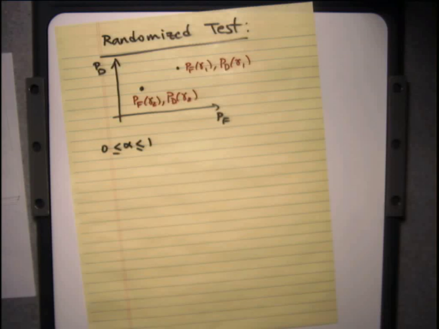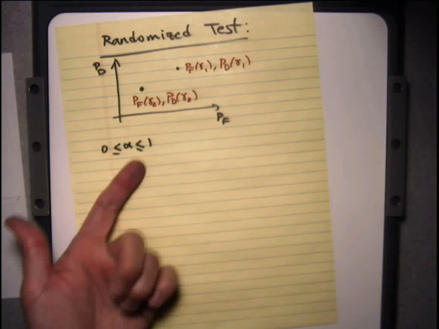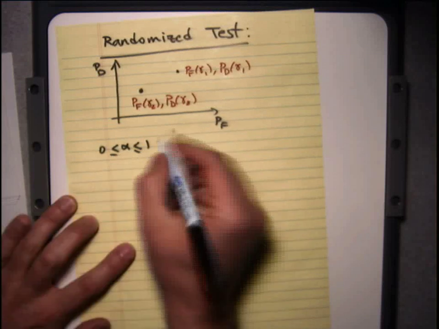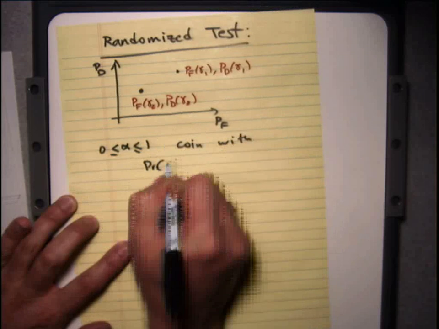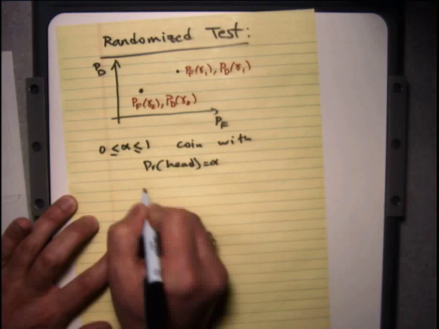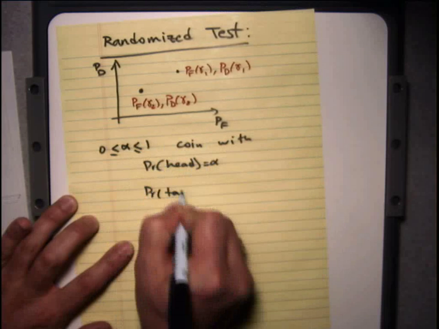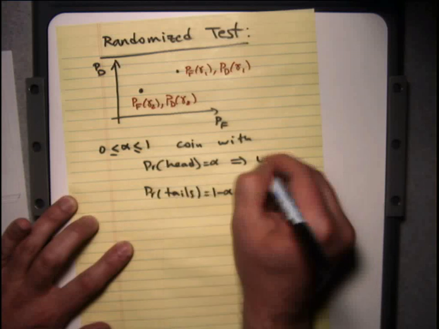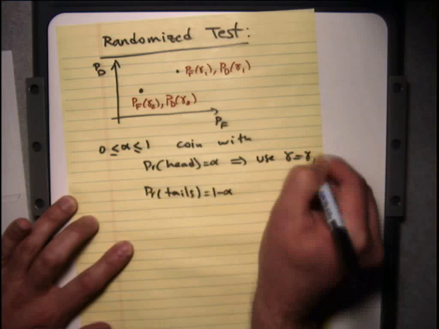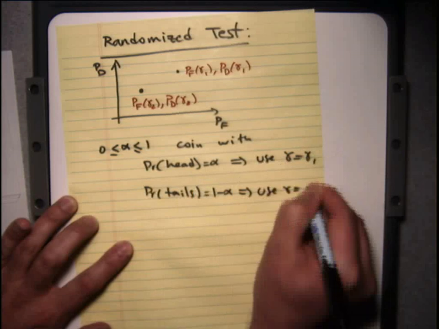In other words, I have not decided what my operating point is going to be. So I randomly choose an operating point. You have a coin with probability of heads equals alpha, and probability of tails equals 1 minus alpha. If heads happens, you use gamma equals gamma 1. Otherwise, use gamma equals gamma 2.